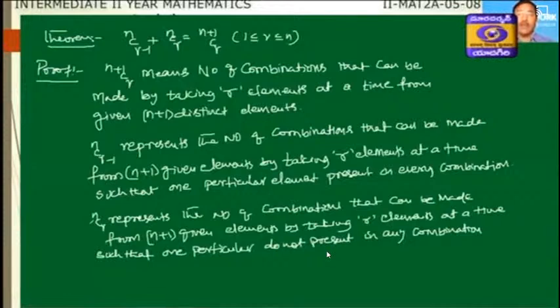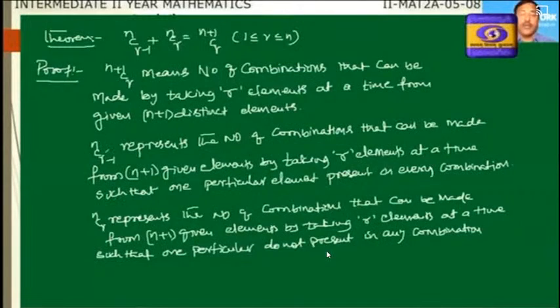Now if we choose the required r elements from those n elements, then no combination will contain that particular element. So that gives the number of combinations which do not contain that particular element. So from the remaining n elements, how many ways can we choose the required r elements? NCR ways.